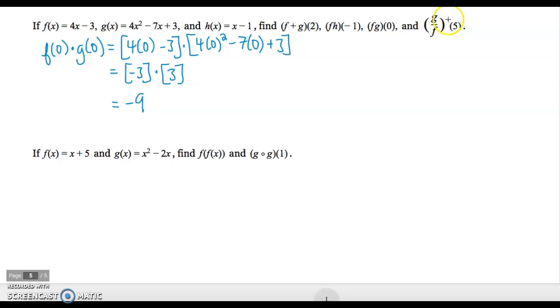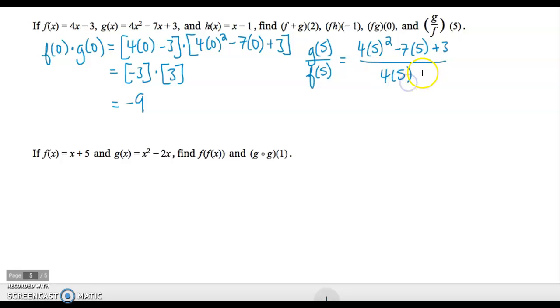Awesome. All right, and this last one, we're going to do division, g of 5 divided by f of 5. So on top, in my g of 5, I'll have 4 times 5 squared minus 7 times 5 plus 3. And then on the bottom, I'll have 4 times 5 minus 3.